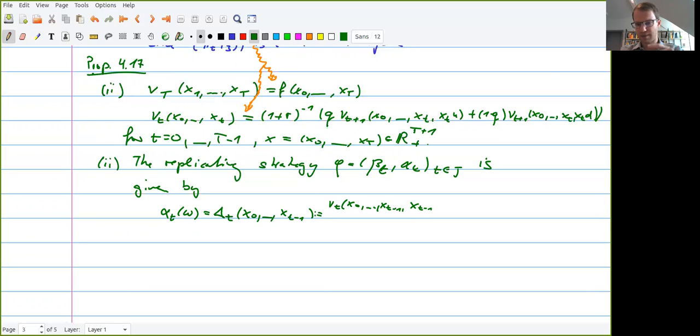So you are at time t minus 1, and you want to hedge the payoff at time t. This is a simple linear system which we have solved in the one-step model, and now we just abstractly solve it for each node in the tree.